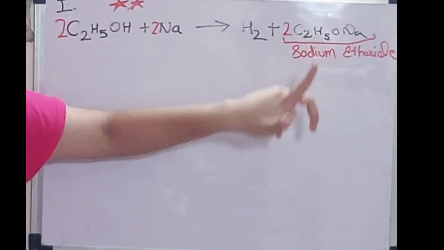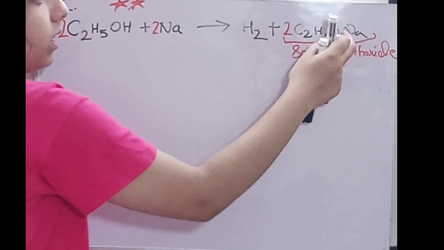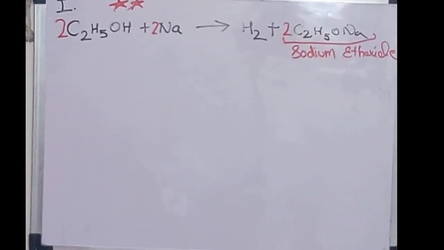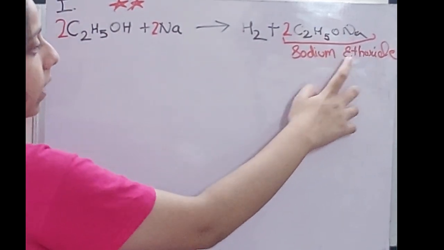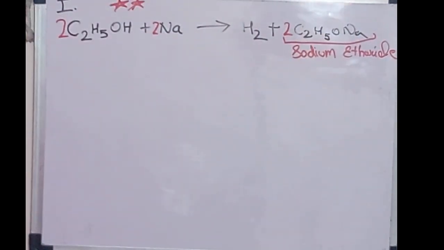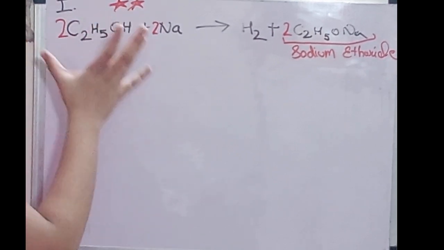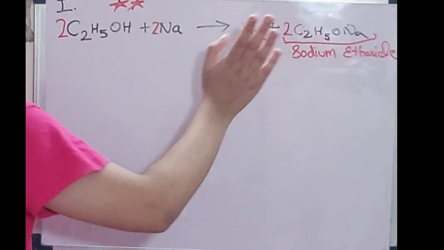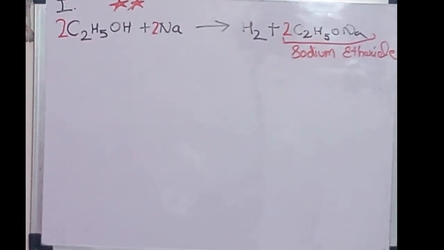Oxide means oxygen is present. H represents 2, like ethane. So in ethane, H is for 2. In the same way, sodium as it is, Eth, 2, oxide. So your alcohol, when it reacts with sodium, it will give you hydrogen and sodium ethoxide.